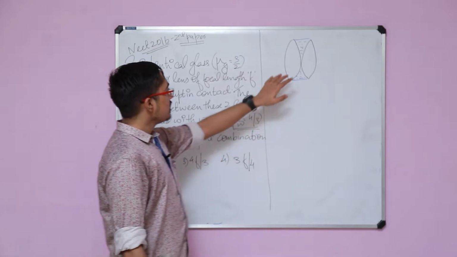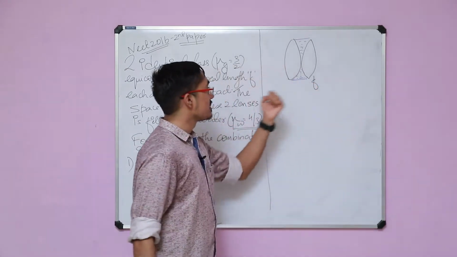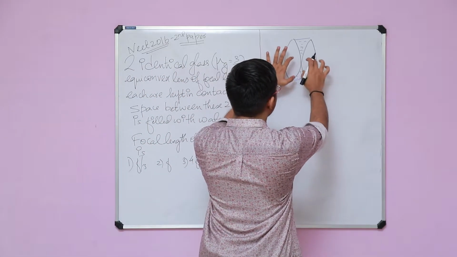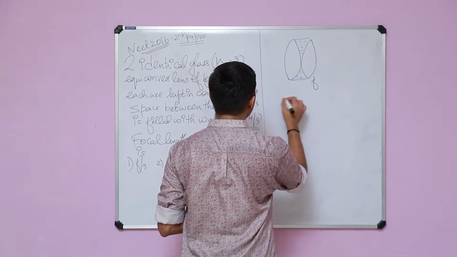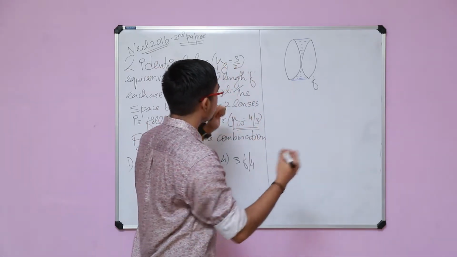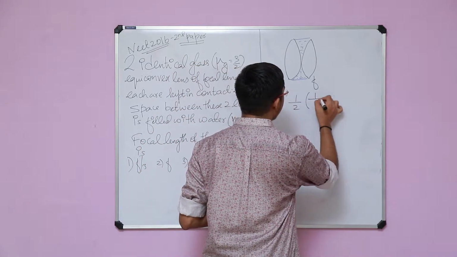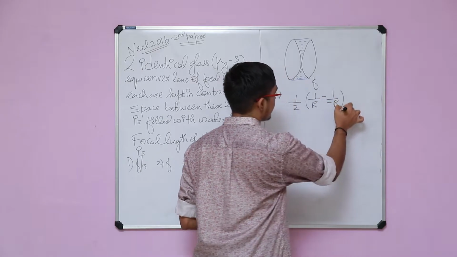If you look at the diagram, you know that the focal length of each of the individual lenses is f. For this particular convex lens, 1/f = (mu - 1) multiplied by (1/r - 1/(-r)), because it is a convex lens.